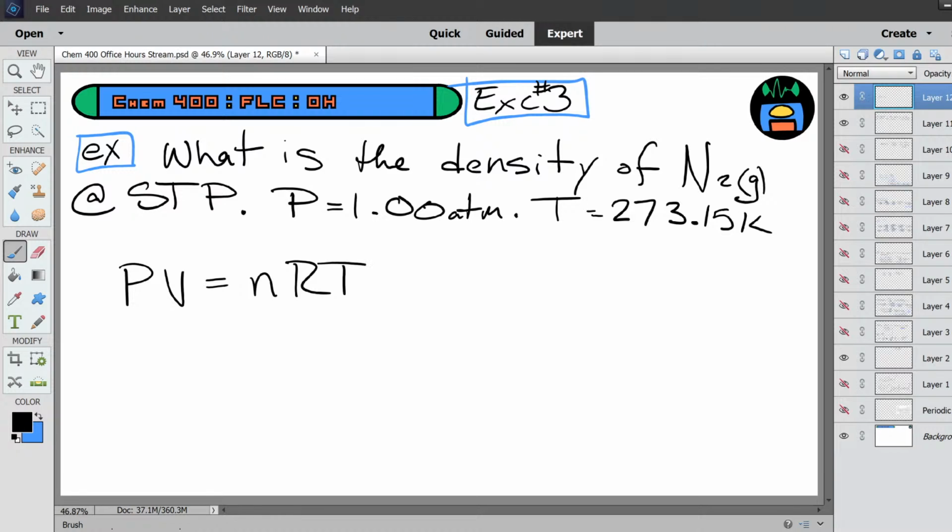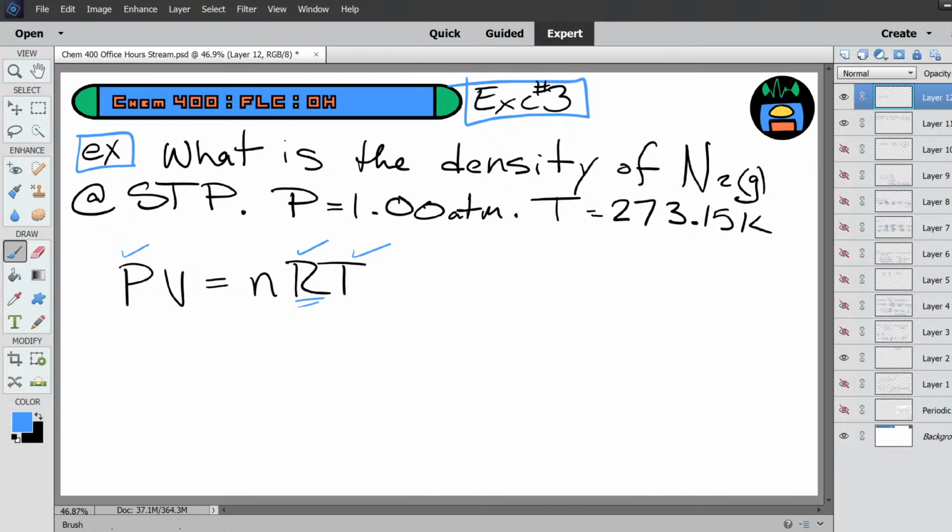When you look at the ideal gas law, the only information we've been given in this problem is our pressure and our temperature. And of course, we always know R.